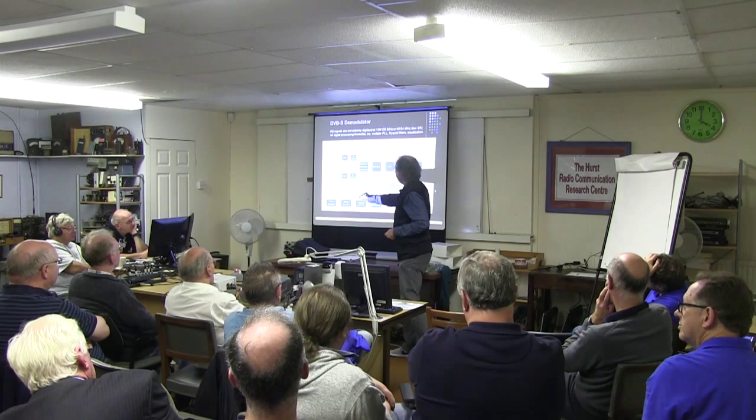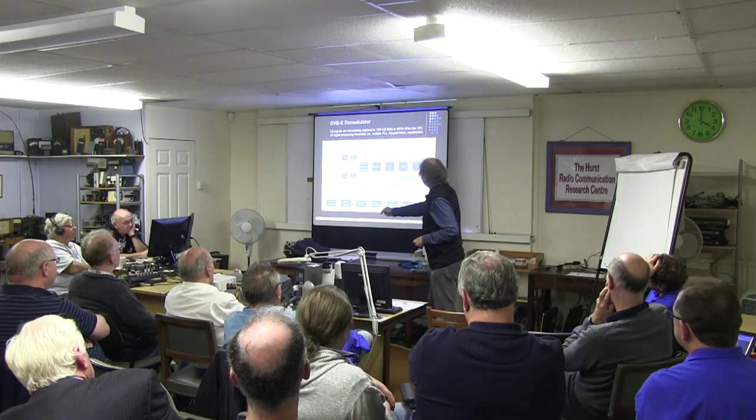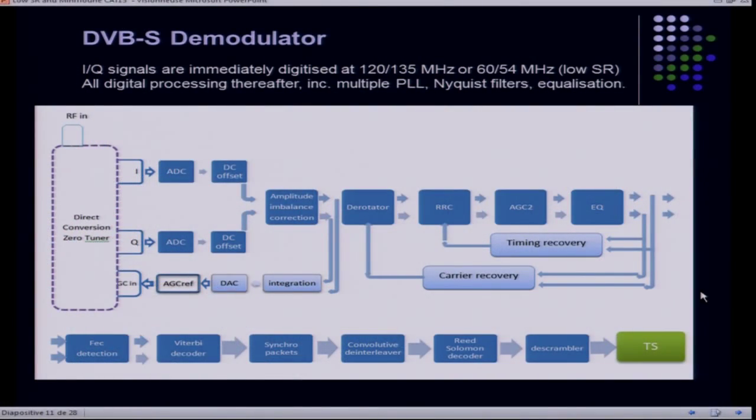We have the derotator. The derotator is a parallel loop that tries to find the carrier frequency, the exact frequency. As I said, perhaps you are 200 kilohertz away from the real frequency. So by software, the derotator will search how to lock on all the signal that has been digitized.